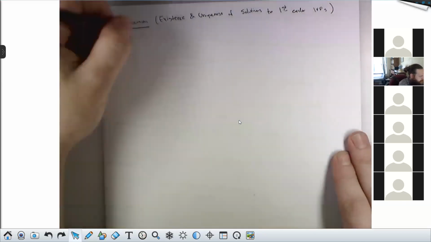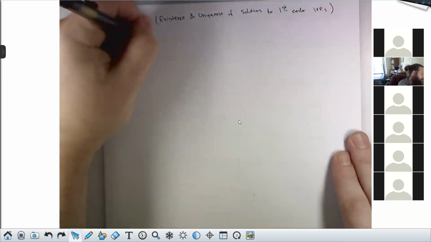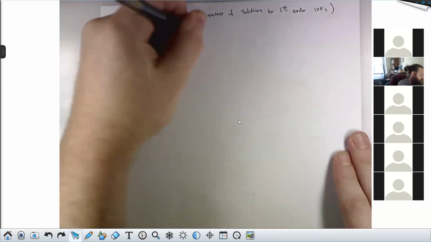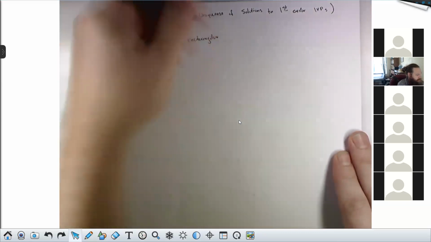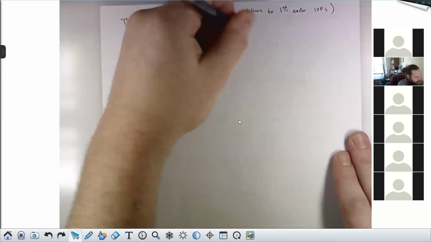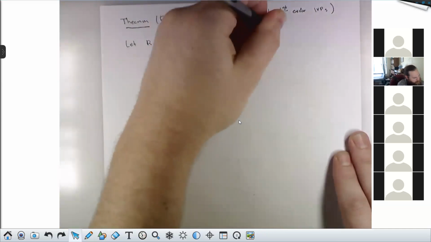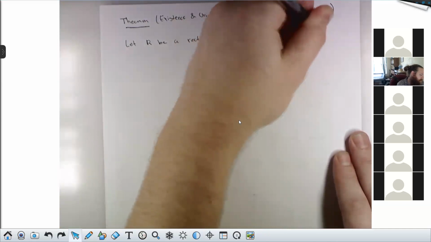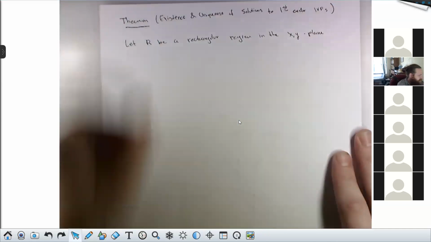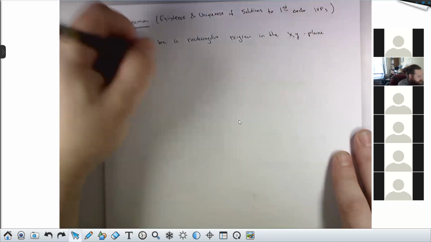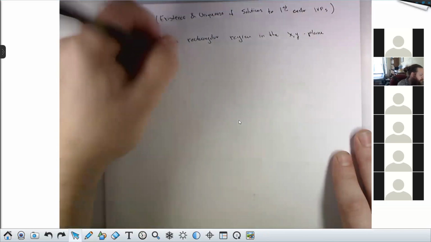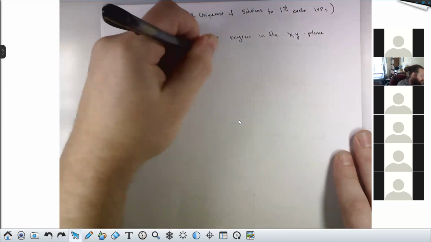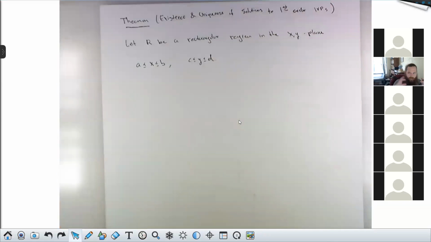Let R be a rectangular region in the plane, in the XY plane. We could say A is less than or equal to X is less than or equal to B, and C is less than or equal to Y is less than or equal to D. So I've got a rectangle in the plane.